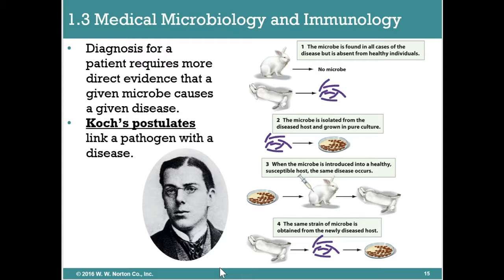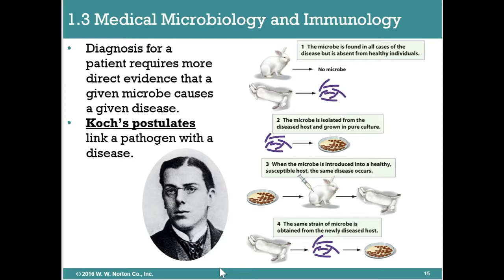The first is that a microbe has to be found in all cases. Let's use flu as an example since it's very easy. Let's say that we have 10 patients, and they all exhibit flu, and then we have 10 patients that are healthy. From the 10 who have the flu, they all have to have the flu. It can't be caused by something else.